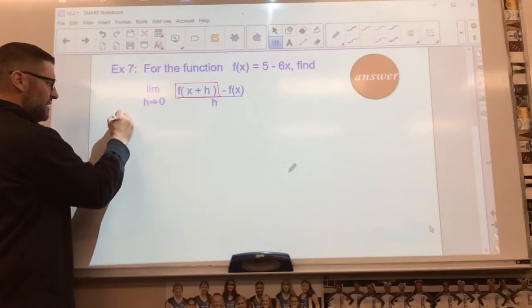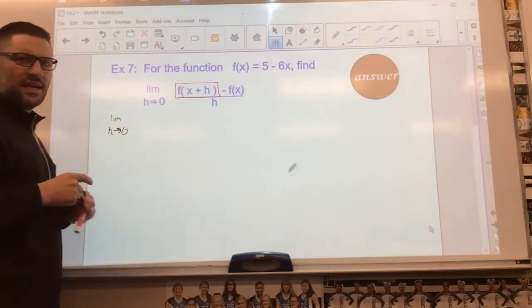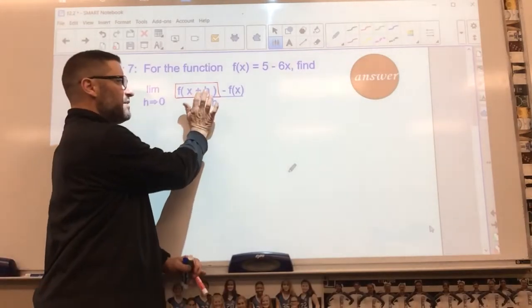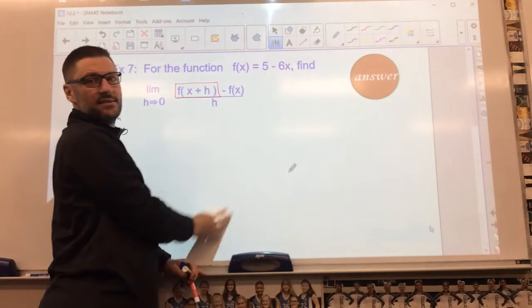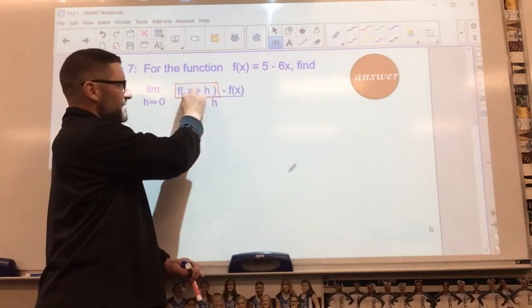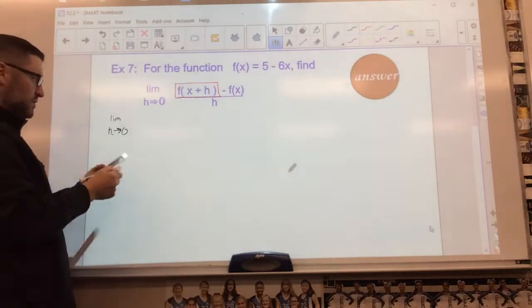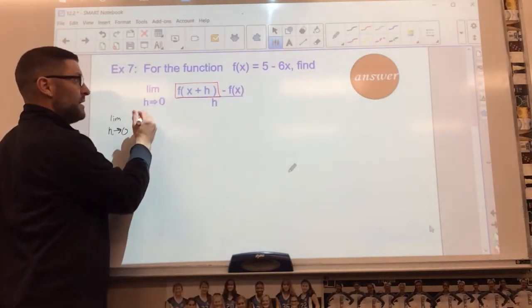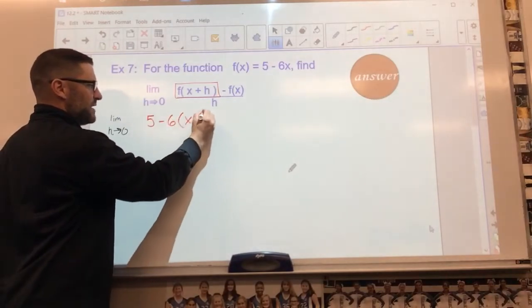I got the limit as h approaches 0 of f of x plus h. And what this is telling me to do is take x plus h and plug it in for that x. F of x plus h says take whatever's inside the parentheses, plug it in for your x's. So in red, I'm going to take 5 minus 6 times x plus h.